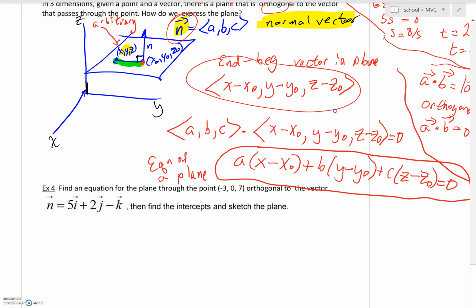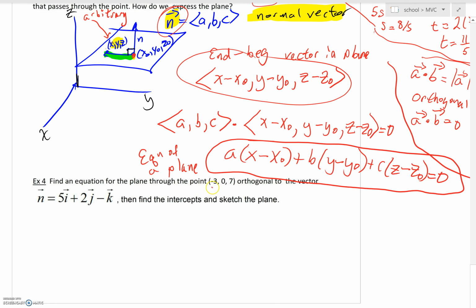Let's do our last problem right here. We've got a point, x naught, y naught, z naught, and we want to find the equation of a plane. We're given this normal vector right here. So we'd like to write the equation of the plane and then find the intercepts and actually make a sketch of it. So we can take vector n, that normal vector, and we'll have x minus -3 right here.